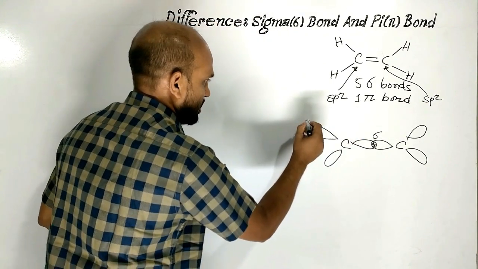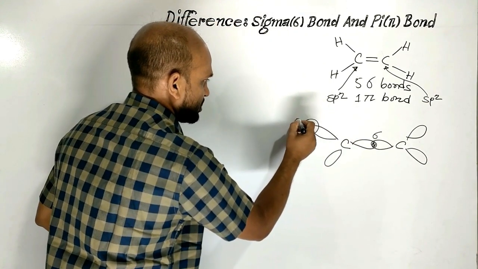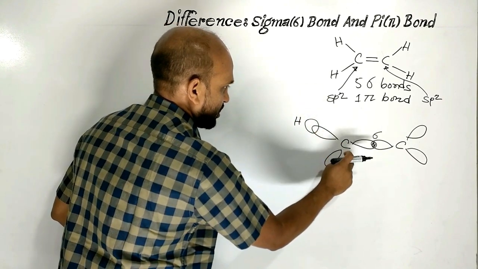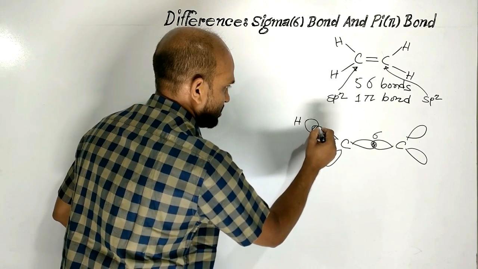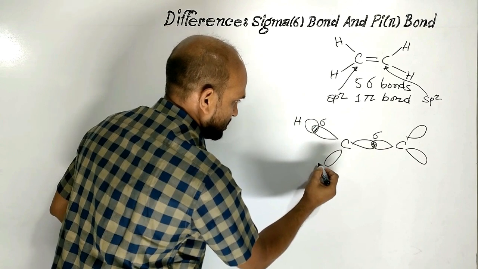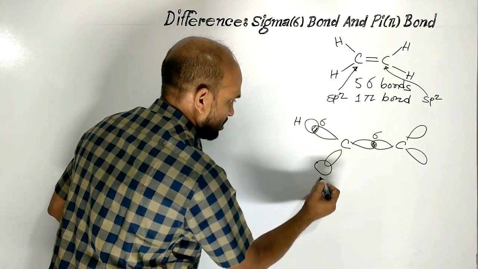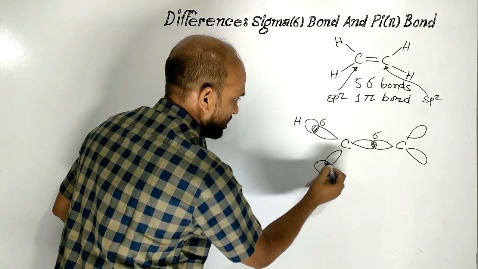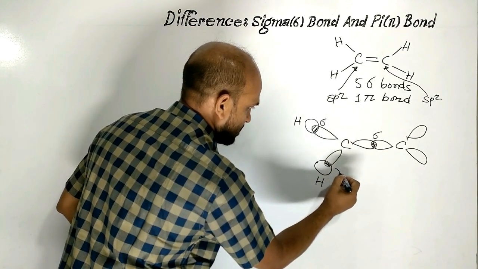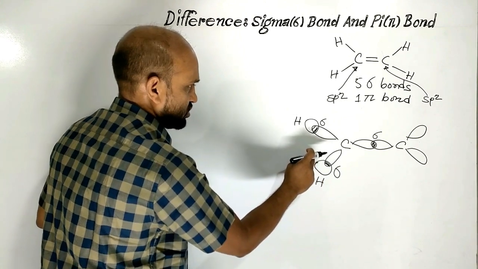Here, the s orbital of hydrogen overlaps the sp2 orbital of carbon. As a result, another sigma bond is formed. The s orbital of hydrogen overlaps the sp2 orbital of carbon, and another sigma bond is formed.